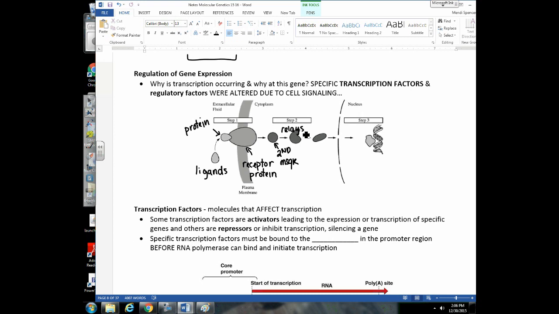And we can see here that during this third step, it looks like some molecule is being activated. And because this molecule got activated, then we're going to get transcription occurring. That gene is going to be expressed, and the cell is now going to make a protein because it received this signal. Now, these molecules that are often activated, that are going to promote the transcription of a gene, are called transcription factors.